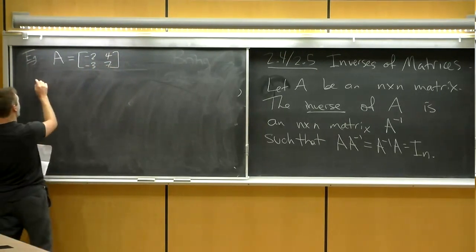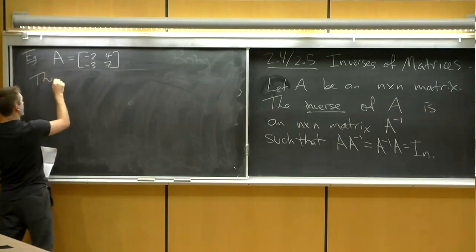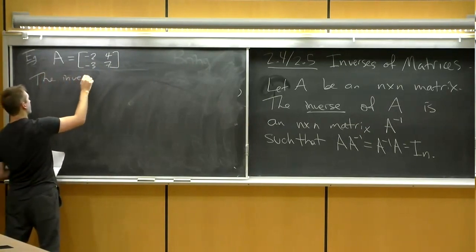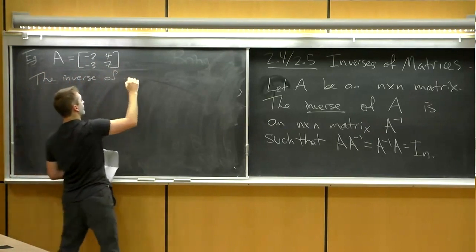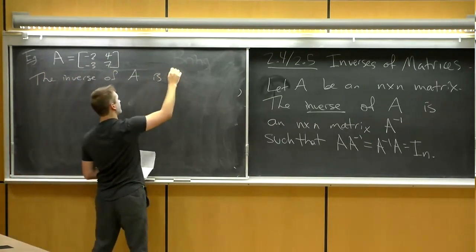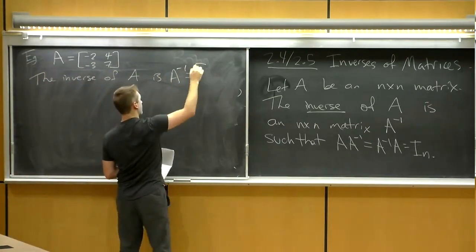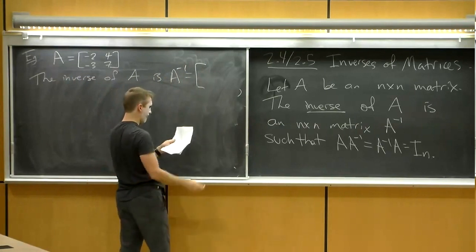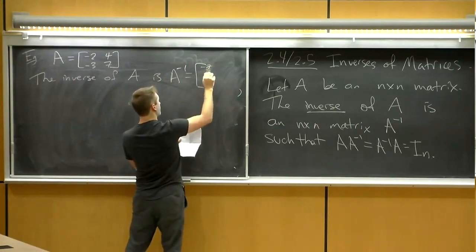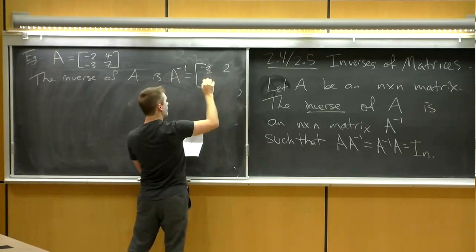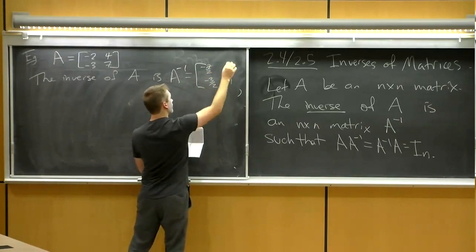So I claim that the inverse of A is -7/2, 2, -3/2, 1.